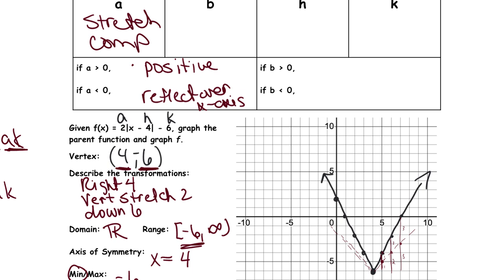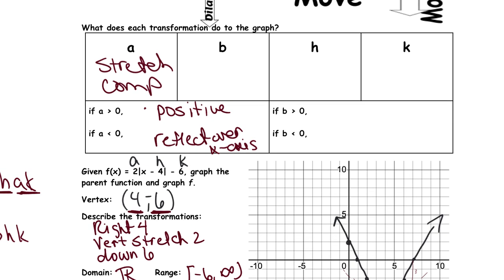What does B do to our graph? By the way, this needs to be vertical. What does B do? It's the horizontal stretch or compression. What if B is less than 0? What do you think happens? If A reflects it over the x-axis vertically, B is going to reflect it over the y.